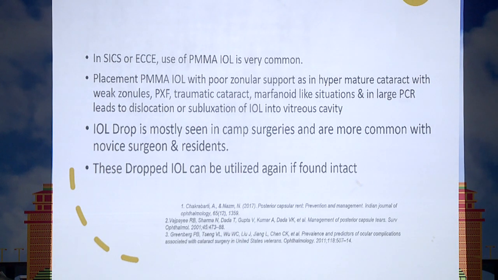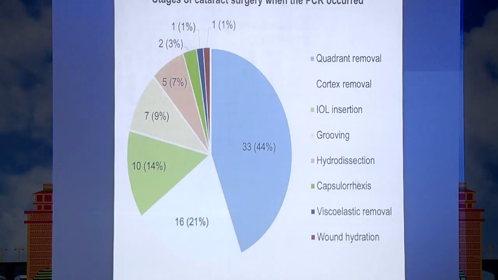IOL drop is most seen in camp surgery and is also common in the novice, that is our PGs and new learners. Once the IOL drops into the vitreous cavity, if the rim is okay and vitreous loss is little, we can rescue that IOL with the support of vitrectomy and use of PFCL.